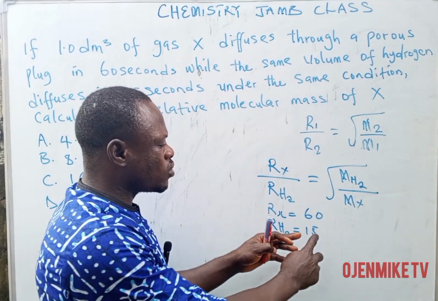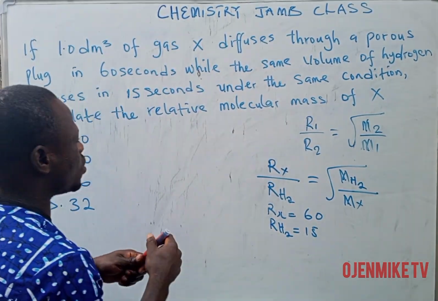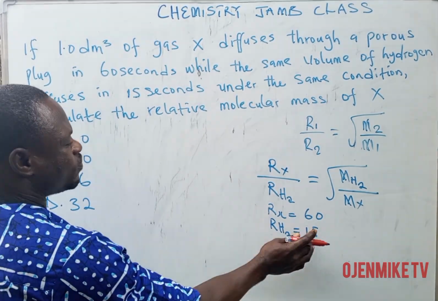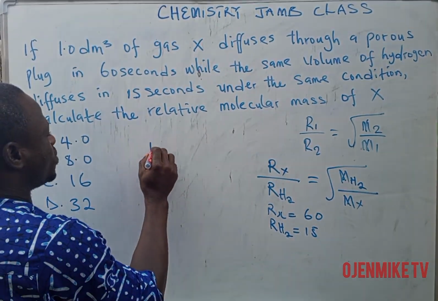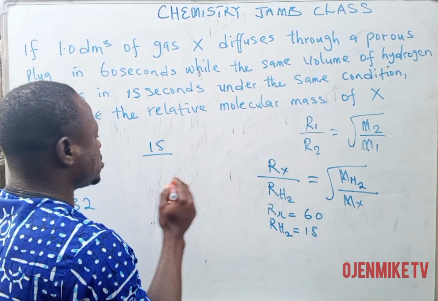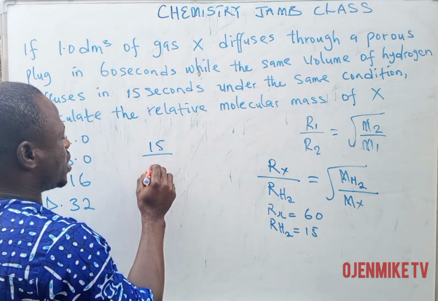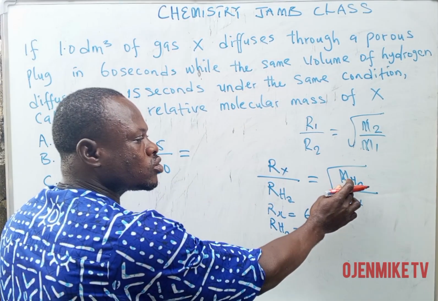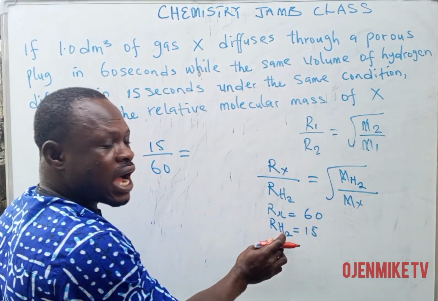What we are going to have is 15 over 60, we are inverting it, equals the square root of the molar mass of hydrogen.